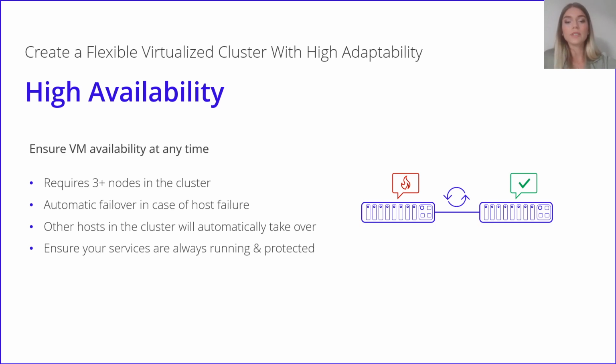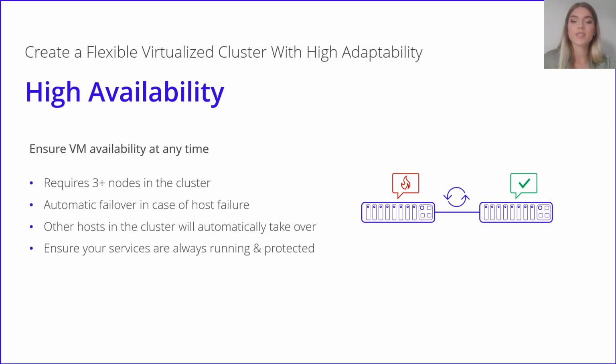So it's going to be in a standby mode until one of the active NAS fails, and then it will automatically take over and ensure that the services keep working and are secured. So as you can see, even if an issue happens, your data will remain available and you will solve the problem before any disruption of your data strategy. This is the best way to make sure that all your virtual machines keep running.